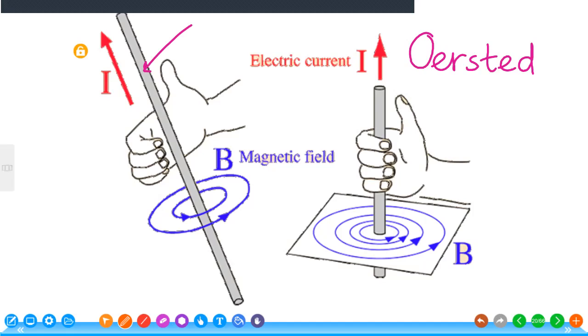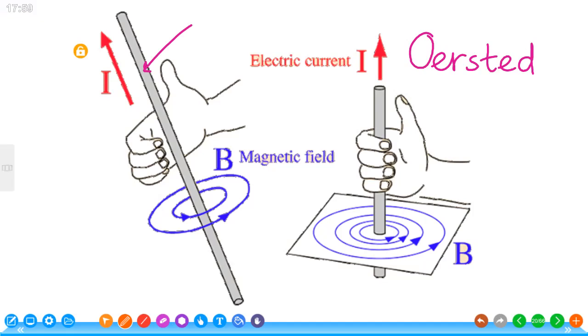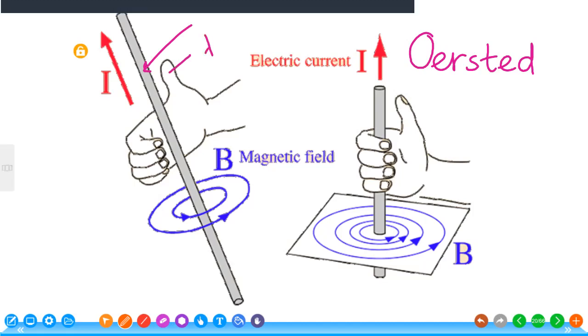Really, you can think of a pen like that as a current carrying conductor. If the tip of the pen shows the direction of the flow of current, you can hold the pen in that way, pointing the thumb in the direction of the current. You have to point the thumb in the direction of the current.